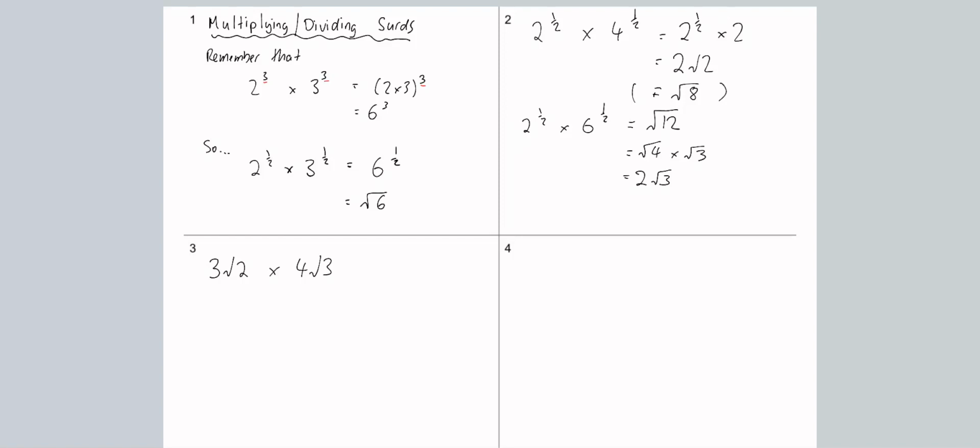So 3 root 2 doesn't mean 3 plus root 2 or 3 to the power of root 2, it means 3 times root 2. So if I wanted to, I could expand this a little bit by putting them in. Here's me being inconsistent with my square root symbols again.